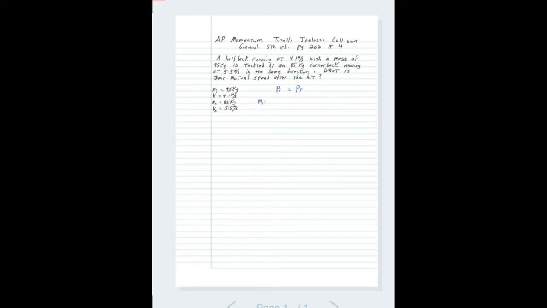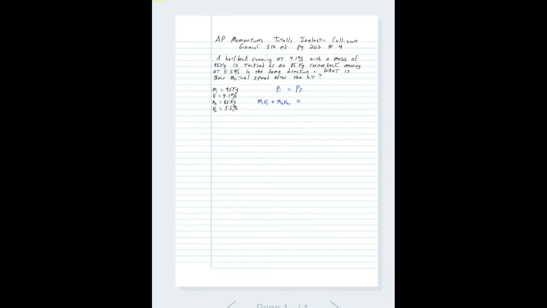So the momentum of the first player would be his mass times his velocity, and the momentum of the other player would be the same idea. So we have two separate terms for the momentum before the collision. However, after the collision, they stick together, so they're moving at one mutual velocity, and it's like one mutual combined mass.